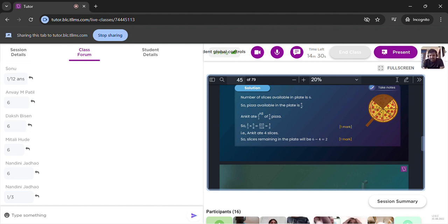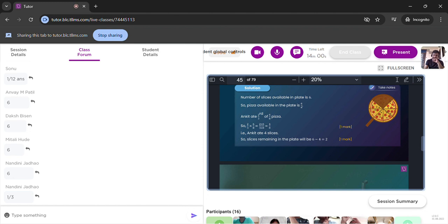So pizza available in the plate is 6 divided by 8. Total is 8, and out of these 8 slices, only 6 divided by 8 remain. Now 2/3 of 6 by 8: for this we multiply 2 by third with 6 by 8.